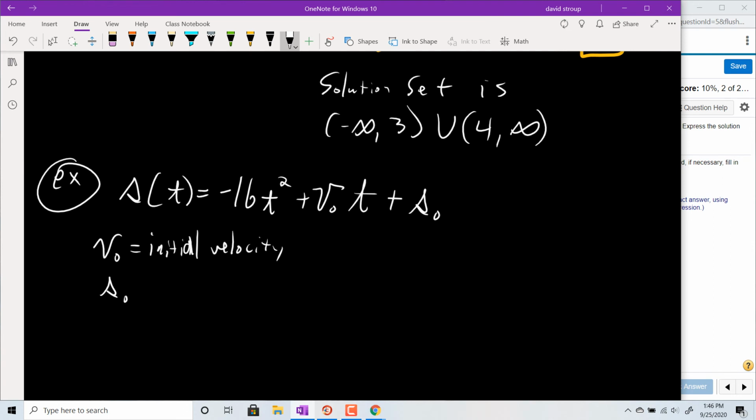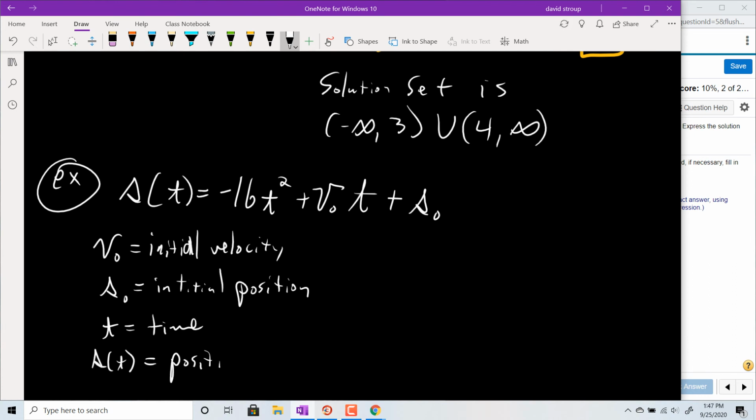S sub 0 is the initial position, so basically the position at time 0. And then t is for time. And then s of t is your position at time t, or in this case, height at time t.